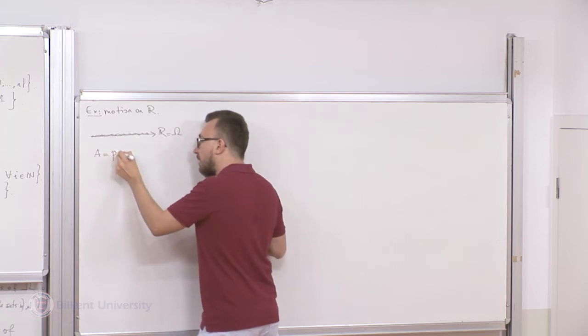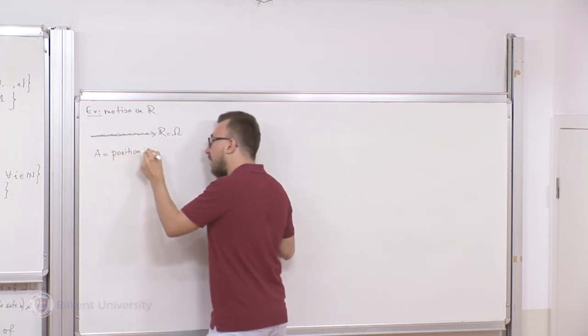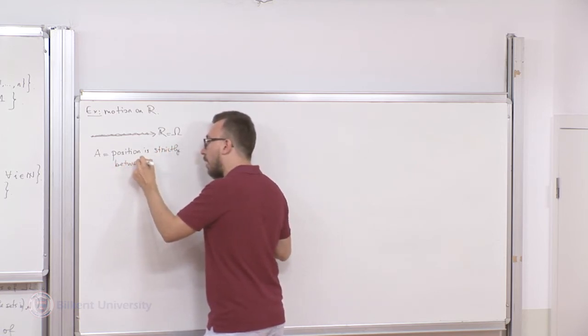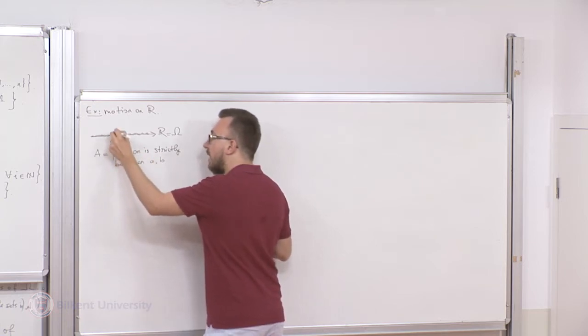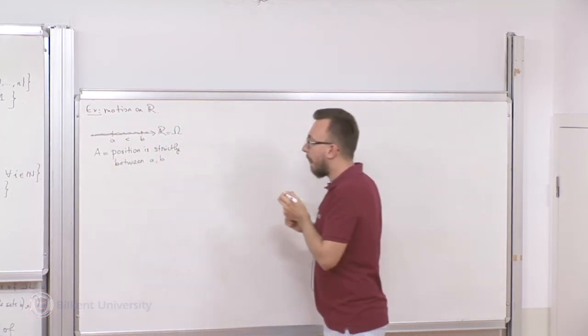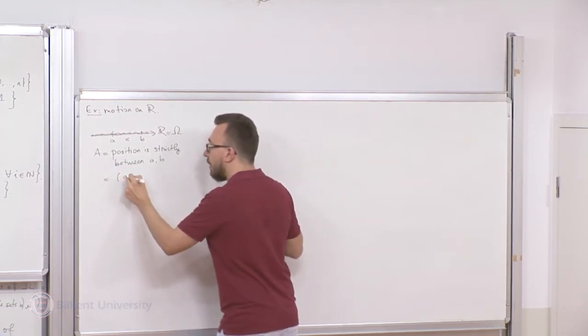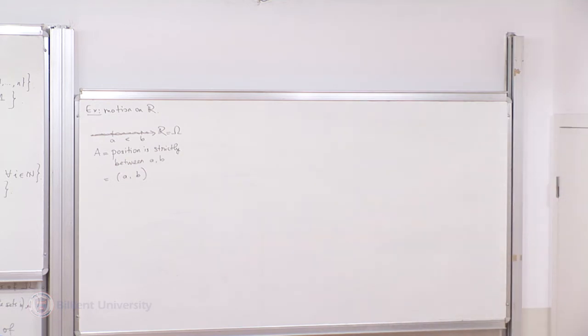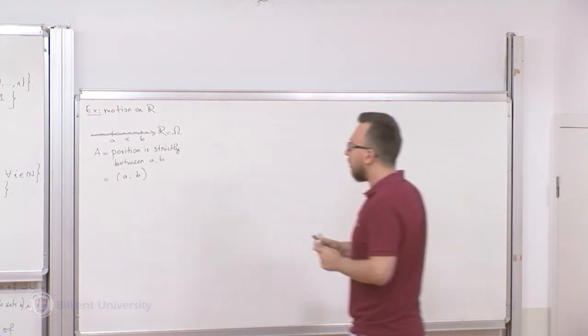A is the event that the position is strictly between a and b, where a is here, b is here. So it is indeed the open interval (a, b). That's a very natural event, right? You would want to know if your position is between the 0 point or the first kilometer, right? That's a very natural question you'd like to be able to answer.